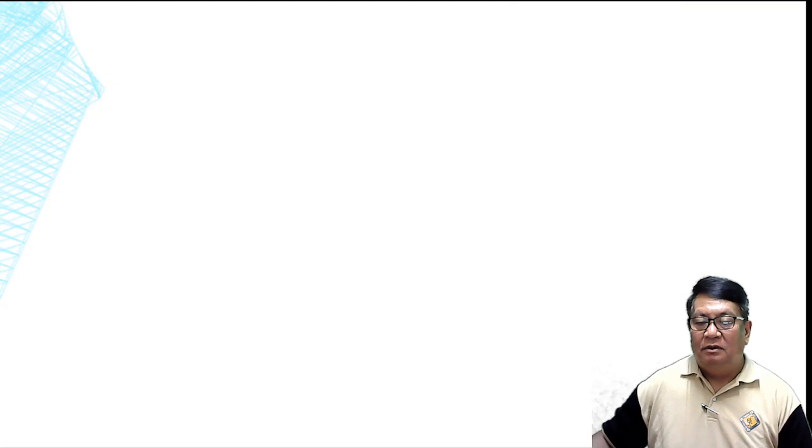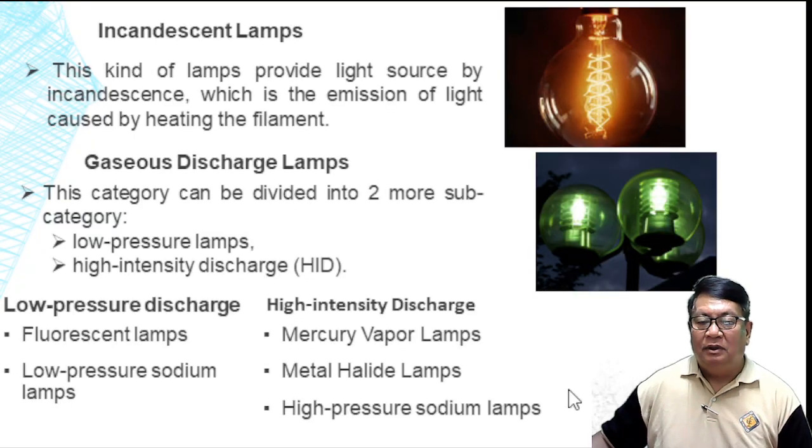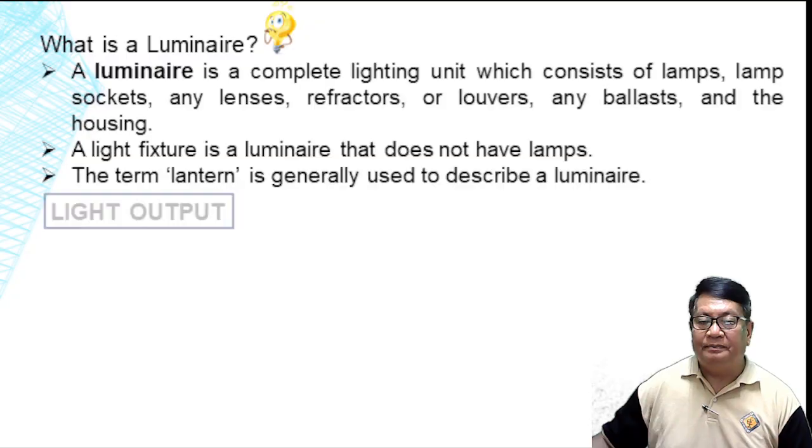We also have the high intensity discharge, like mercury vapor lamps, metal halide, and the high pressure sodium lamps. We will discuss these one by one.